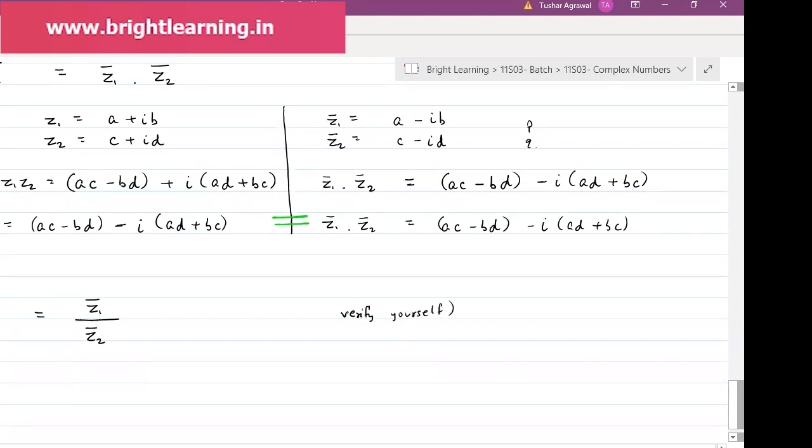Are the properties clear, so that I can move on to the questions on the application of these properties? Copy down quickly. Done, sir.